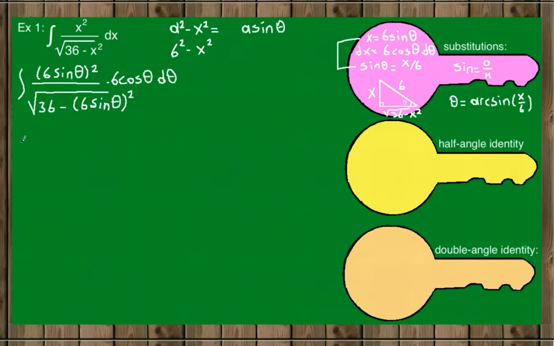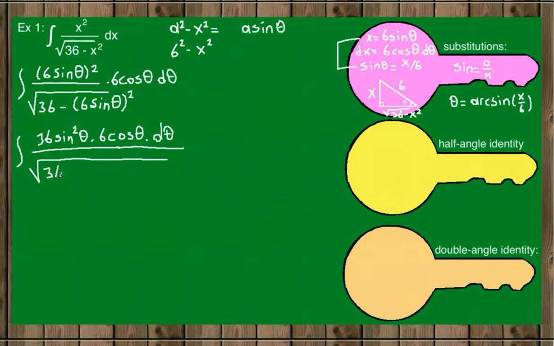Now let's square both x's. So 6 sine theta squared is 36 sine squared theta. And we have 6 cosine theta here on the top, and d theta on the top as well. And here at the denominator, we have 36 minus 6 sine theta squared, which is 36 sine squared theta.